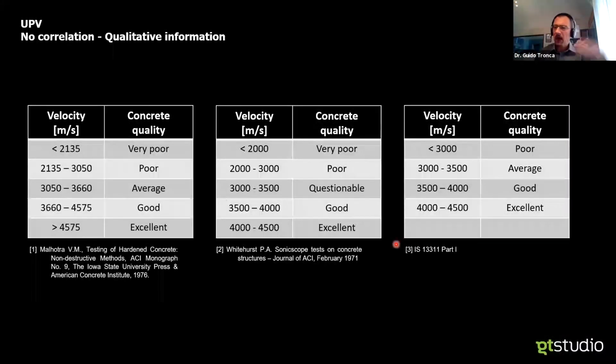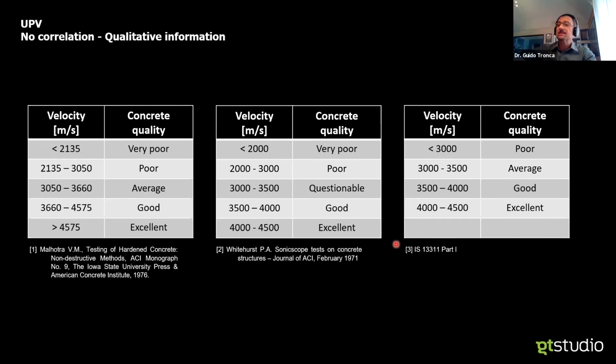Case 1: I only measure, in this case, ultrasonic pulse velocity. I can go back to my literature books, I can Google, and I will find enough qualitative statements. That can be enough, depending on the purpose, and especially it will enable me to make statements about differences in the structure. Watch out, guys.